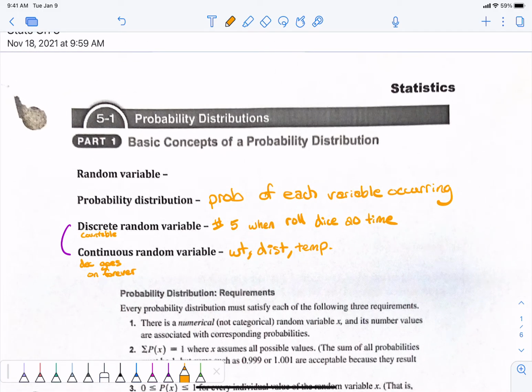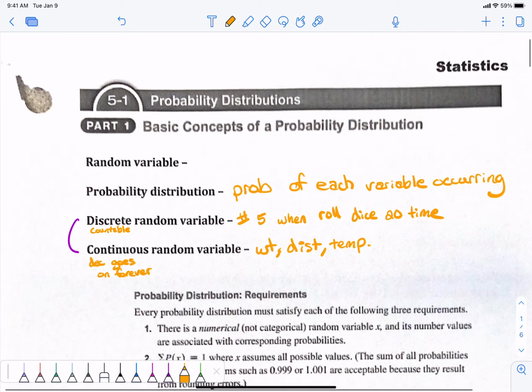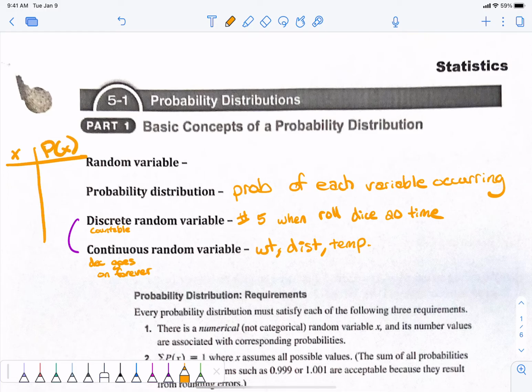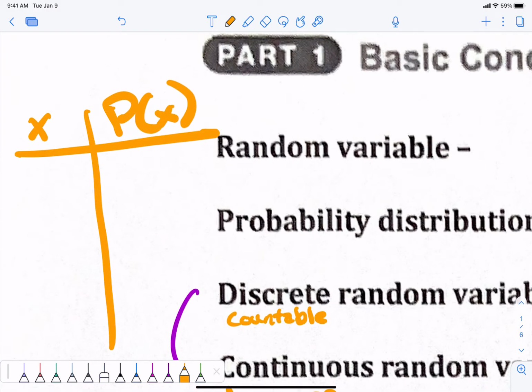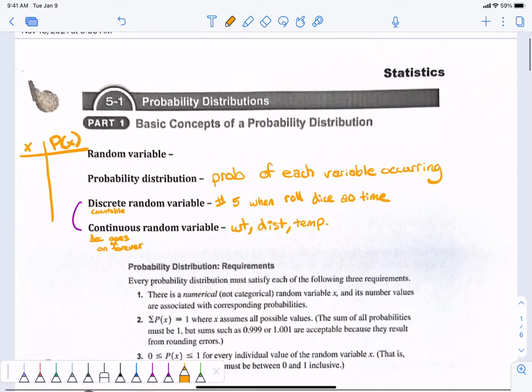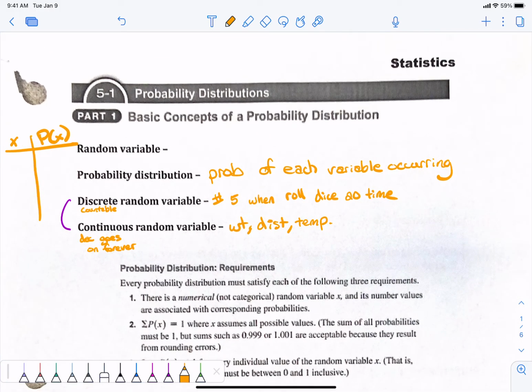Here's an example of a probability distribution. I'll do a really easy one. It will be set up to look exactly like this. You'll have an x, and then you'll have a p of x. X is your variable. P of x is the probability that it happens. Okay. Probability of each variable occurring, x and p of x. So let's say my x's are 1, 2, 3, 4, 5, 6.